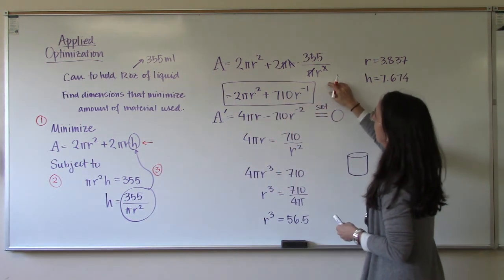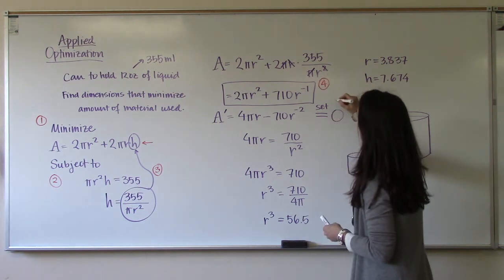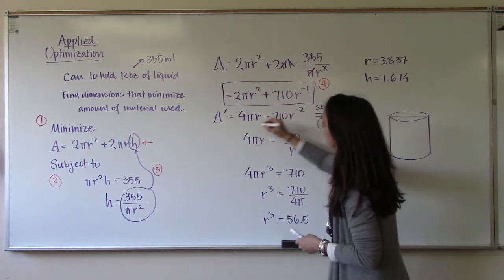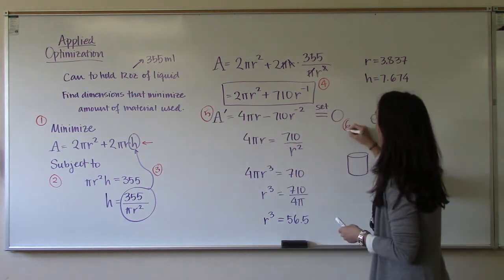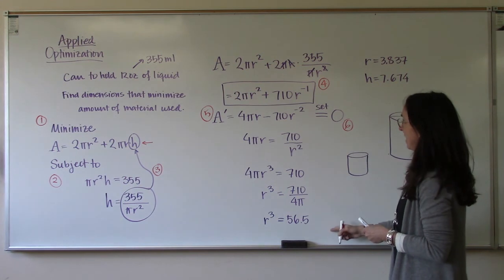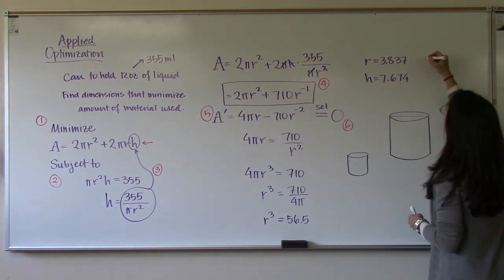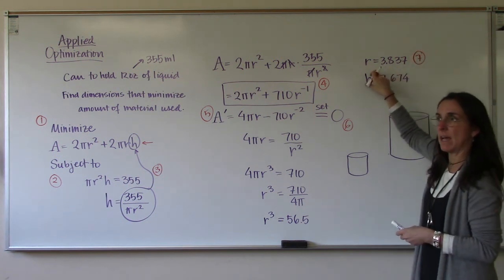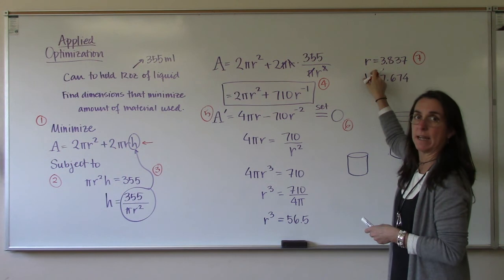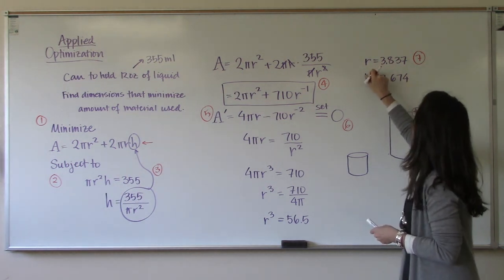Then we cleaned that up. Then we took the derivative. And then we set it equal to 0, and we solved it. Then we checked to make sure that the solution that we ended up with really did give us a max or a minimum.